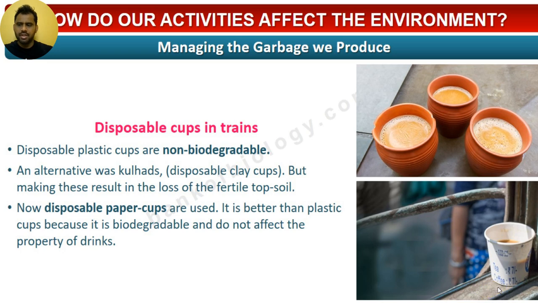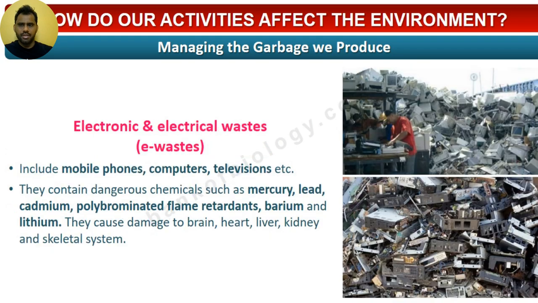It is better than plastic cups because it is biodegradable and does not affect the property of the drinks. So we have to understand the things and come up with different alternatives to the non-biodegradable materials. Okay. Fine. Now let's look ahead.